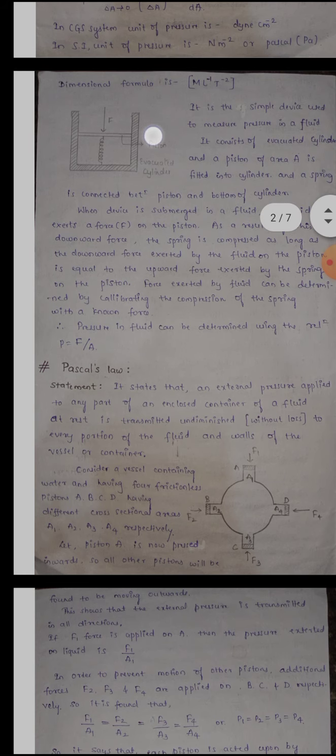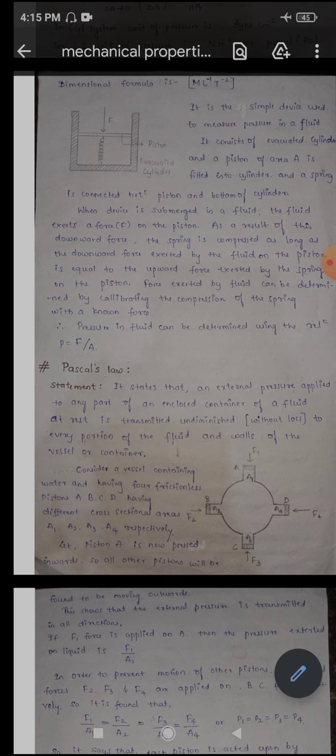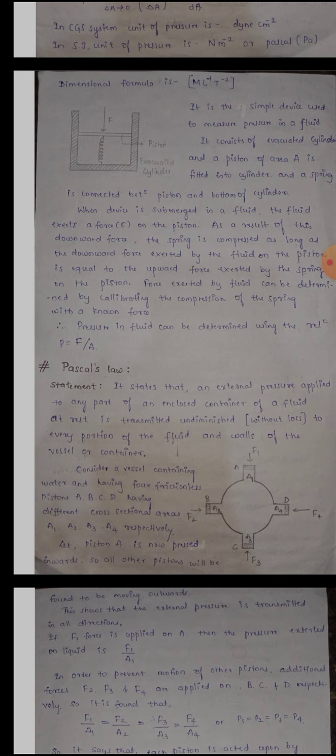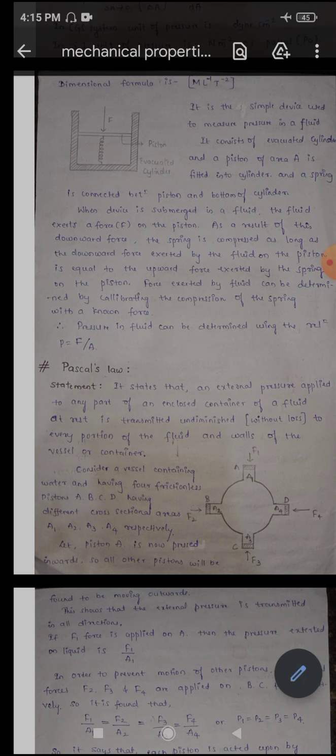This piston has a cross sectional area of A, and it is fitted into this evacuated cylinder. A spring is also connected between the piston and the bottom of the cylinder.